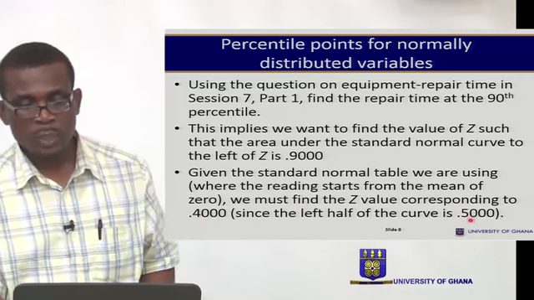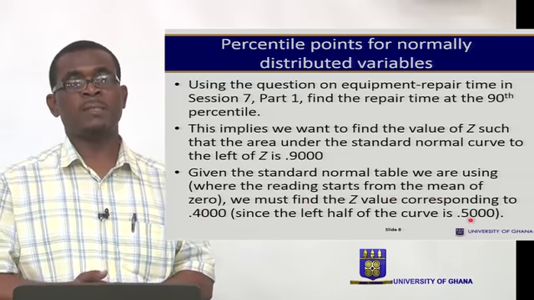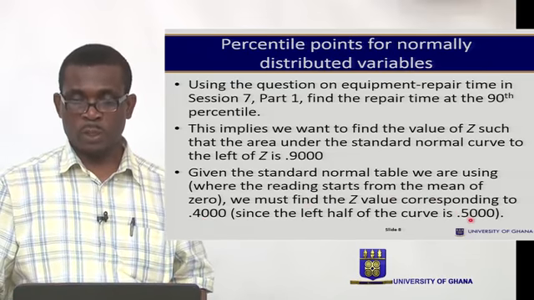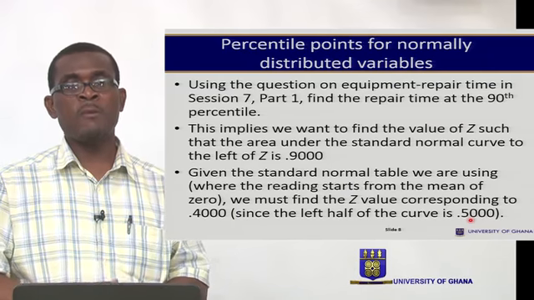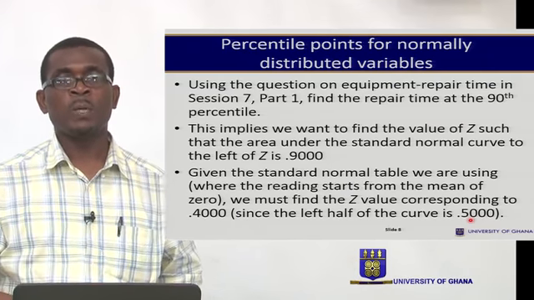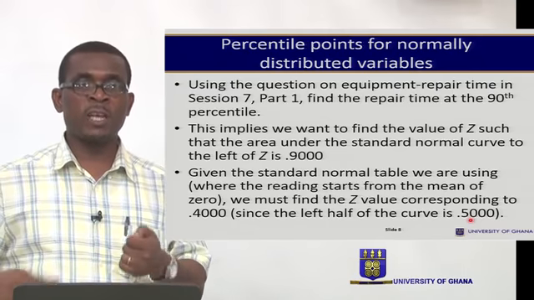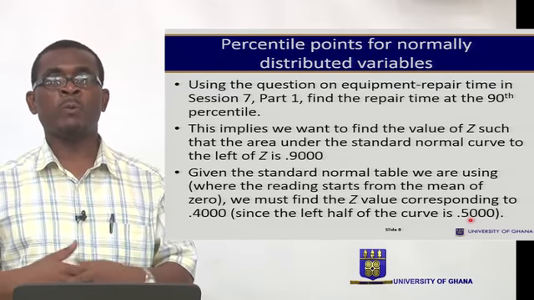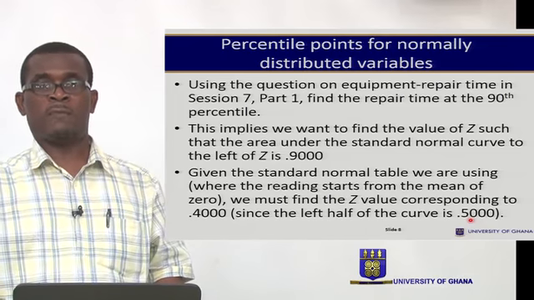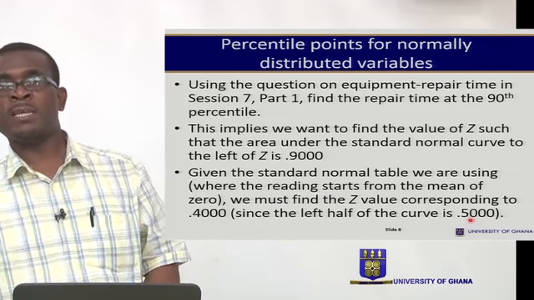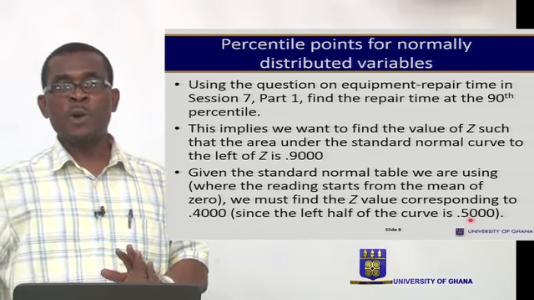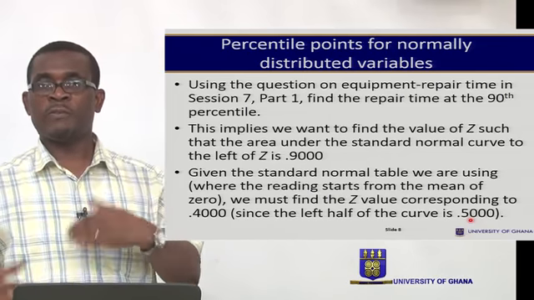So how do we get the z value corresponding to an area of 0.4? It means that we read the normal table in the reverse order. First, we knew the z value and we found the area. But now we know the area, we want to find the z value.